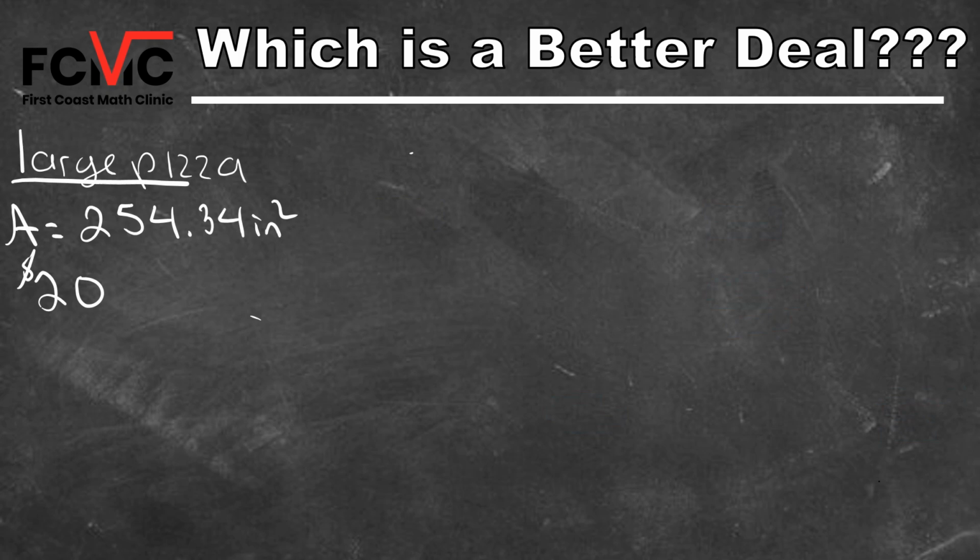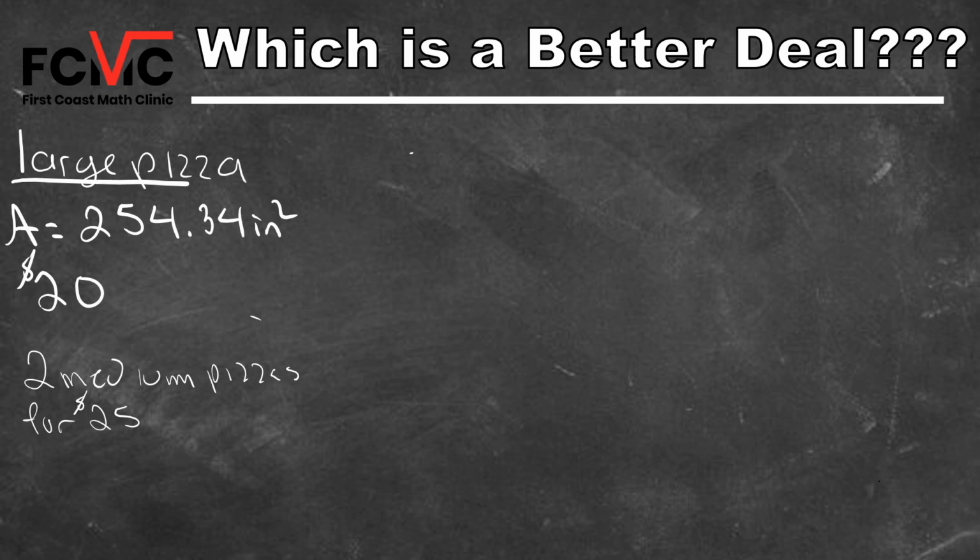All right, so let's do a little bit of extension with this problem, and say we still have the original large pizza. Area is 254.34 inches squared for $20, but now the pizza place offers a deal. So now we can get two medium pizzas for $25.